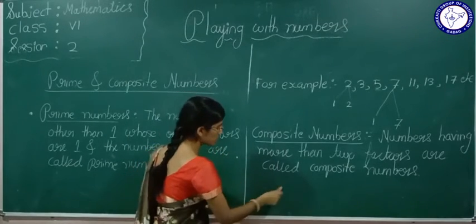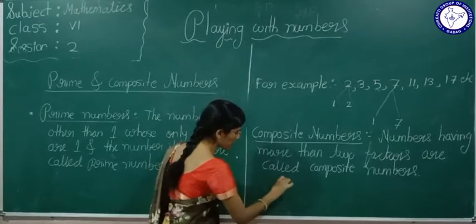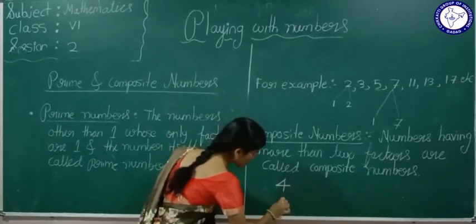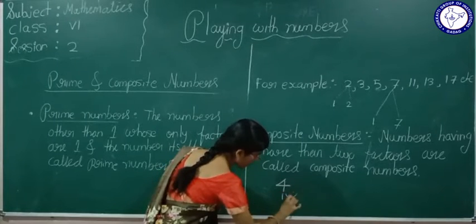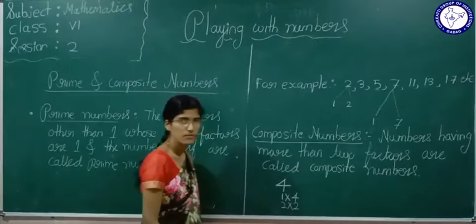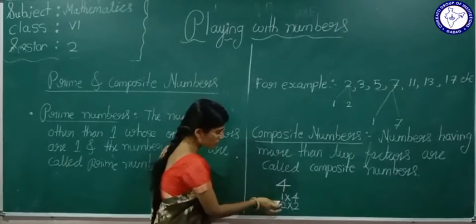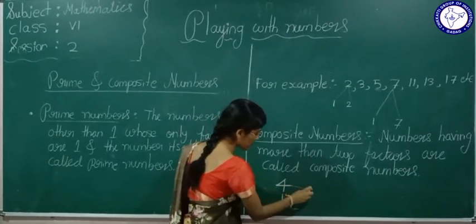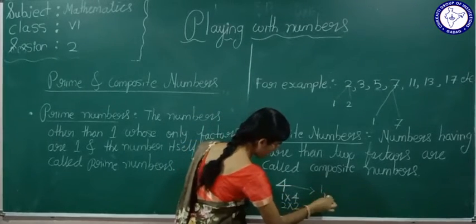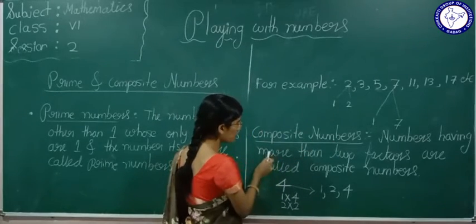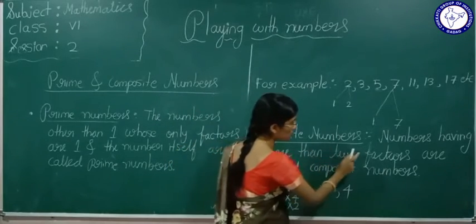Now see here students, 4. What are the factors of 4? Tell me. So this 4 can be written as 1 times 4, yes, and 2 times 2. 1 fours are 4, 2 twos are 4. The factors of 4 are 1, 2, 4. Yes or no? Now see, numbers having more than 2 factors.